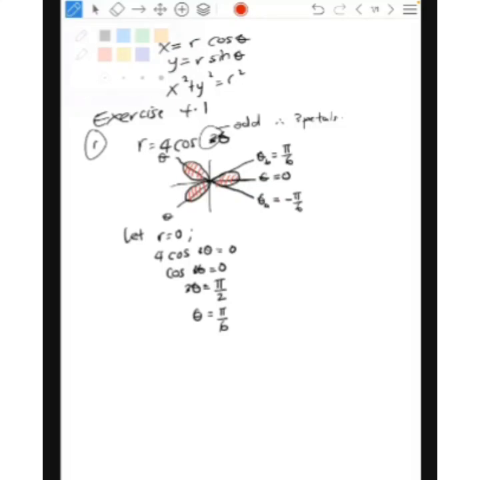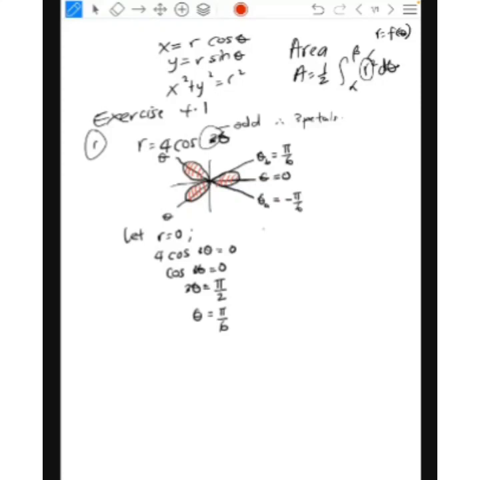Okay, for example, for area, the formula is A equals 1/2 integral of r squared d theta. This r is the function of the polar curve, r equals f of theta.